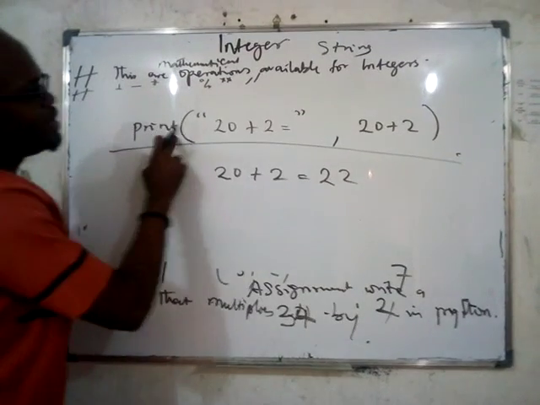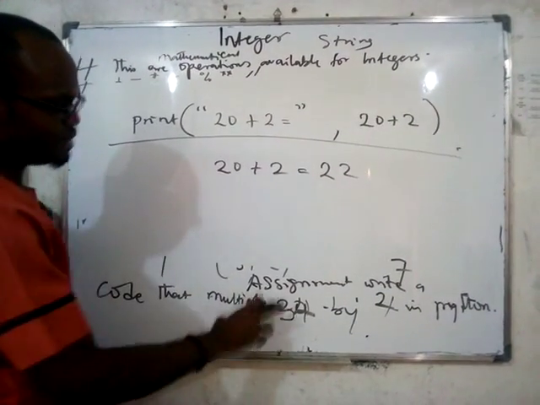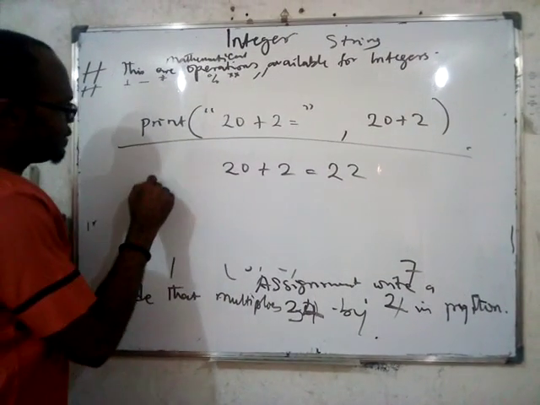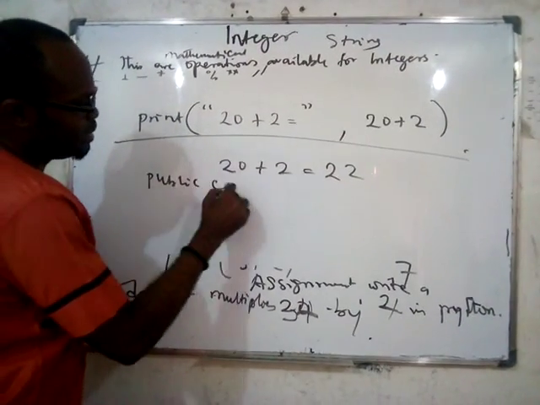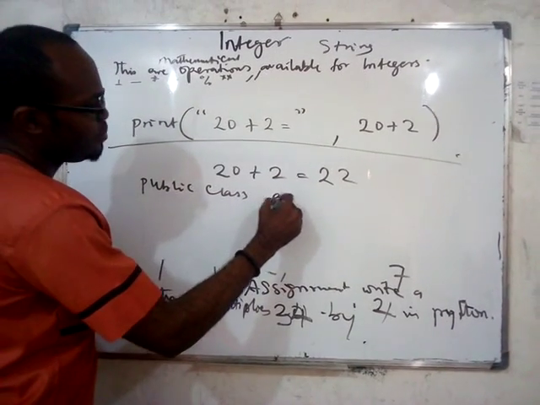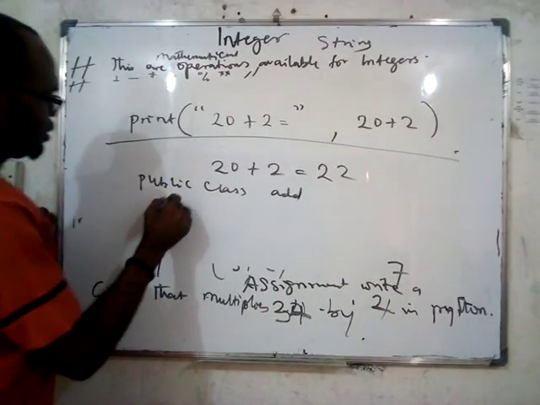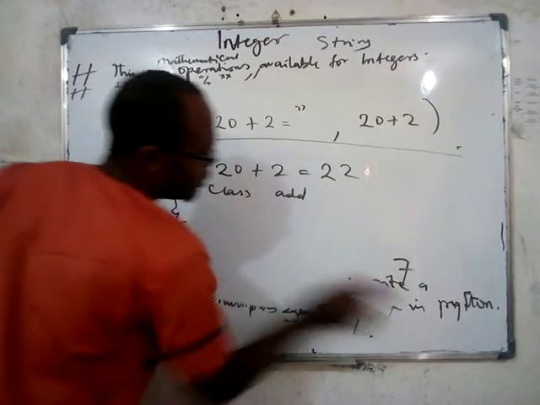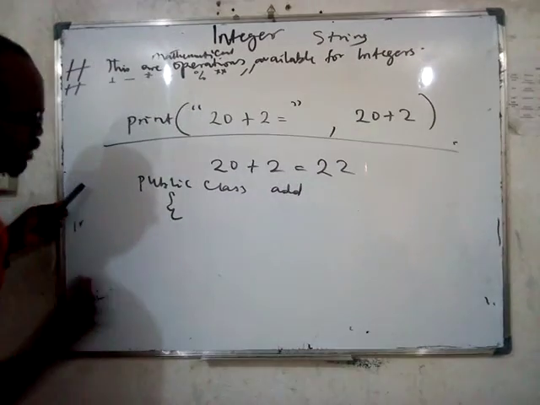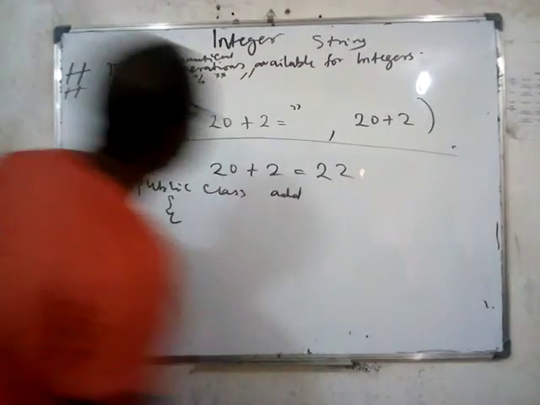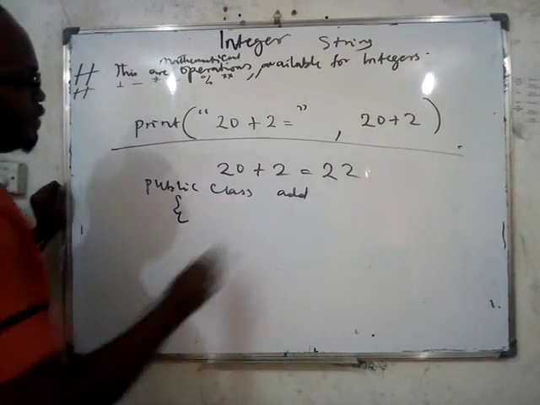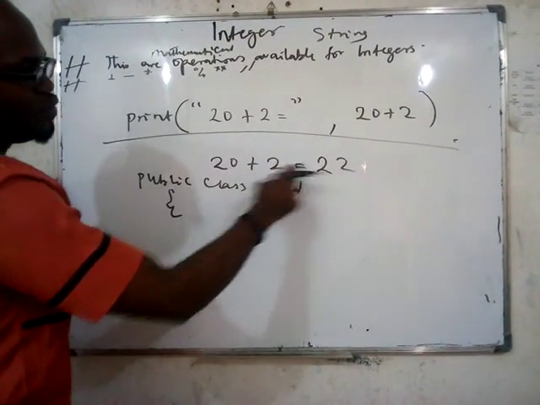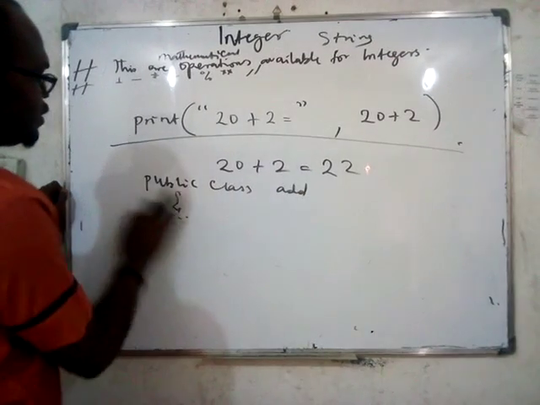If you want to print this same code that has 20 plus 2 in Java, we would have written something like this. Public class add, then you have a curly bracket, just to tell you how simple Python code is compared to Java. If you want to write the same code that prints out 20 plus 2 equal to 22 in Java, this is what you write.